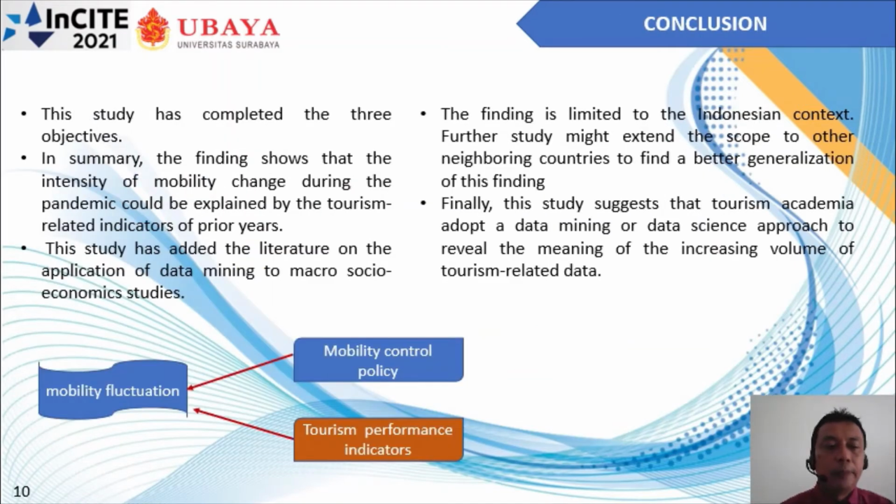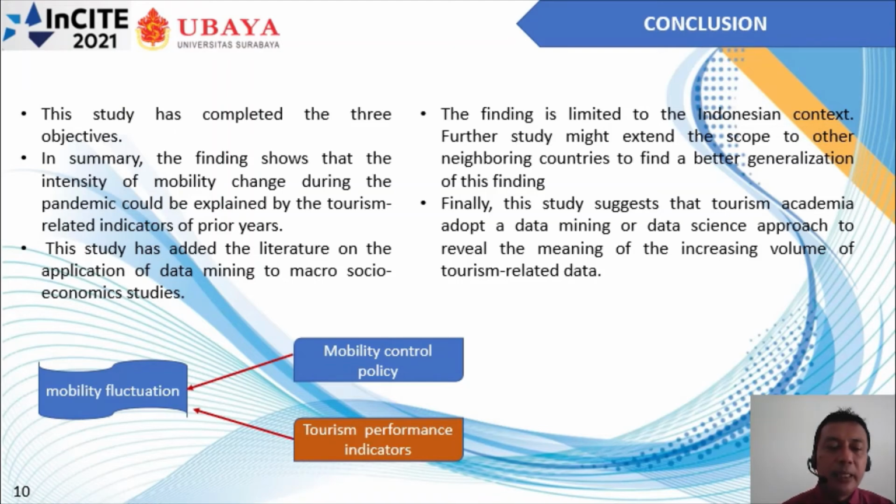Okay. The study has completed the three objectives. Previous study explained that the mobility fluctuation relates to the community mobility policy, such as PSBB in Indonesia or PPKM.